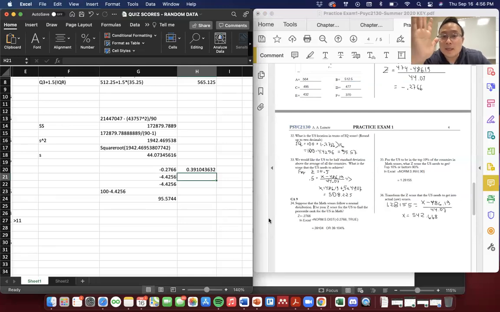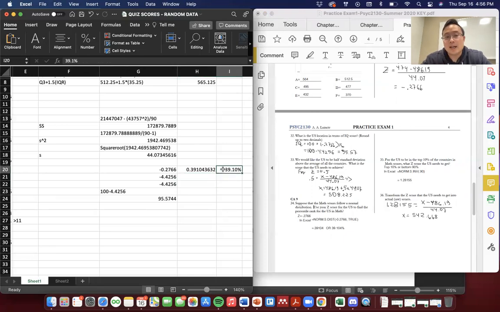So that means we scored better than 39.10% of the countries, the 90 countries of the data, under the normal standard distribution. We didn't actually do it with the data though, remember that.